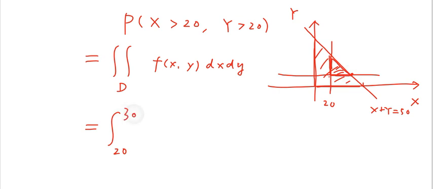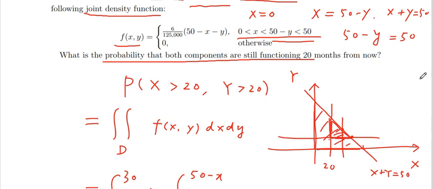So x from 20 to 30. Then for fixed x, y goes from 20 to the highest y, which is 50 minus x.